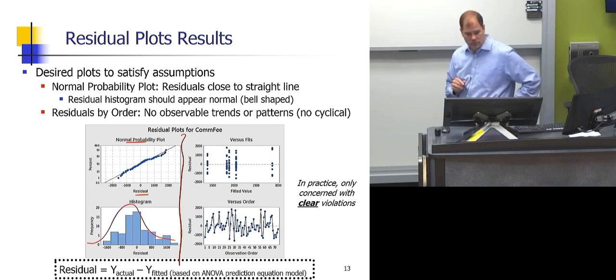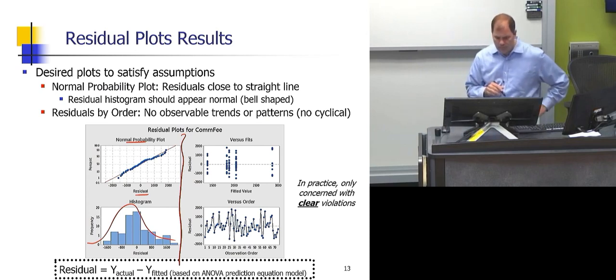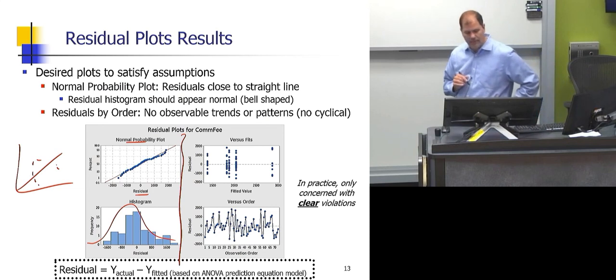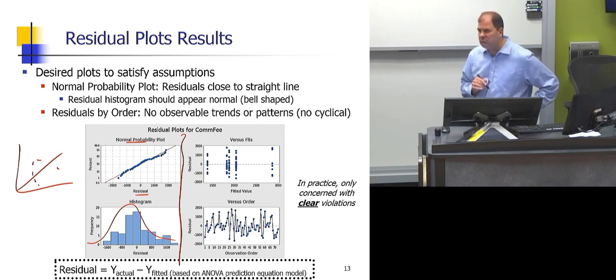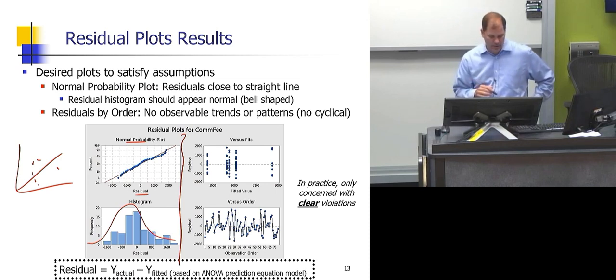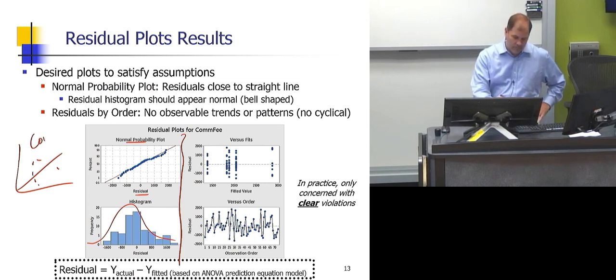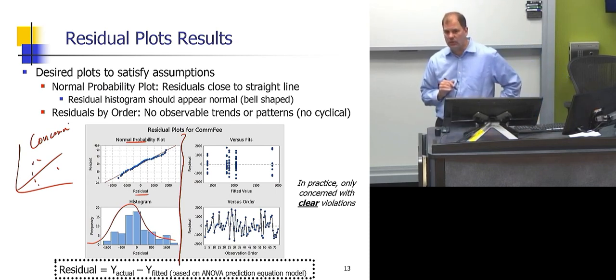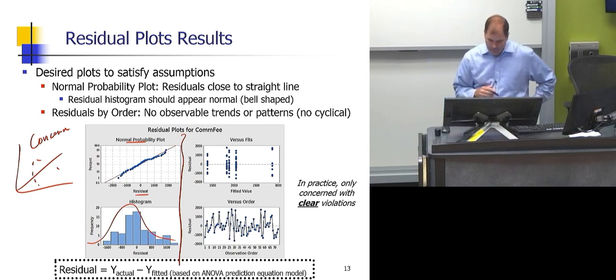Like a bell. All right. Everybody clear on that? You might say, what might be a case when it doesn't look this way? It's possible sometimes that your residual plot might have a little horseshoe kind of look to it. If it's really a bad horseshoe, you might be a little bit more concerned. We'll talk about that later in general linear model, where we'll fit more sophisticated or complex models.